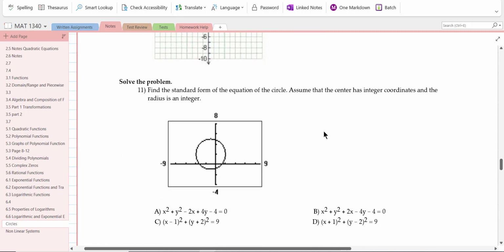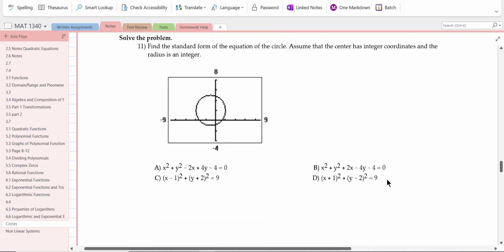Now, if you end up with a square root for your radius, try to simplify that. That will happen on number 10.